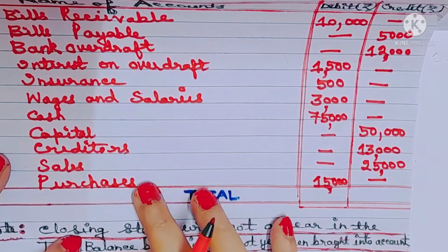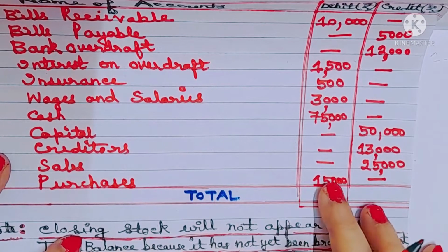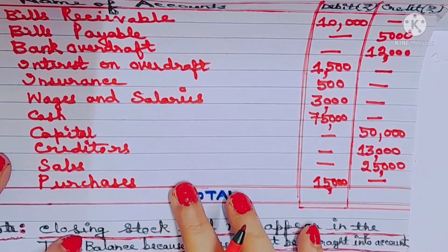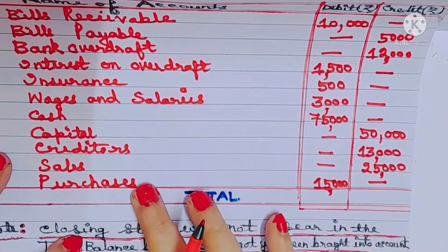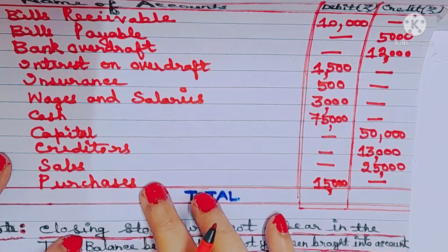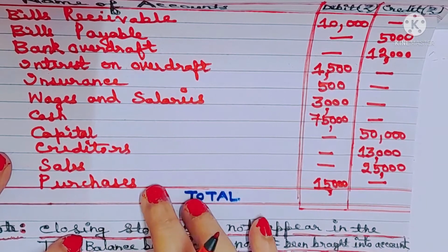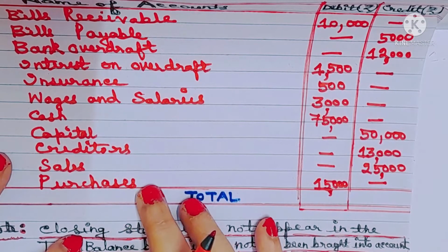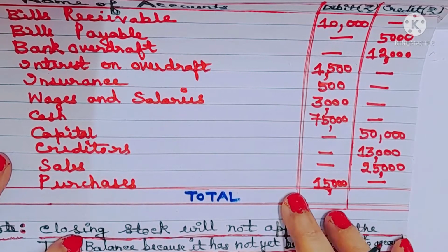Here, when goods are purchased, goods come into the business. So, purchases account will be debited. According to nominal account, when goods are purchased, money goes out. So, purchases is an expense for the business. According to nominal account, all losses and expenses debit. Since purchases is an expense for the business, purchases account will be debited according to nominal account as well as according to real account. Okay.